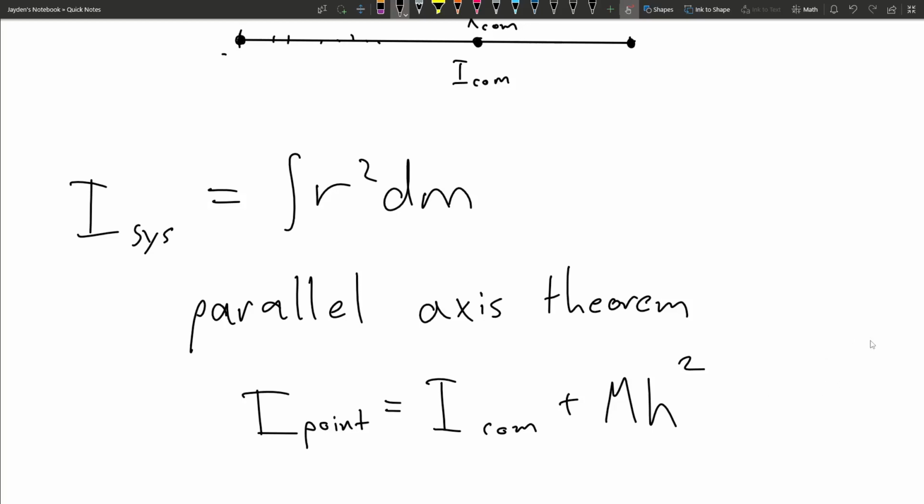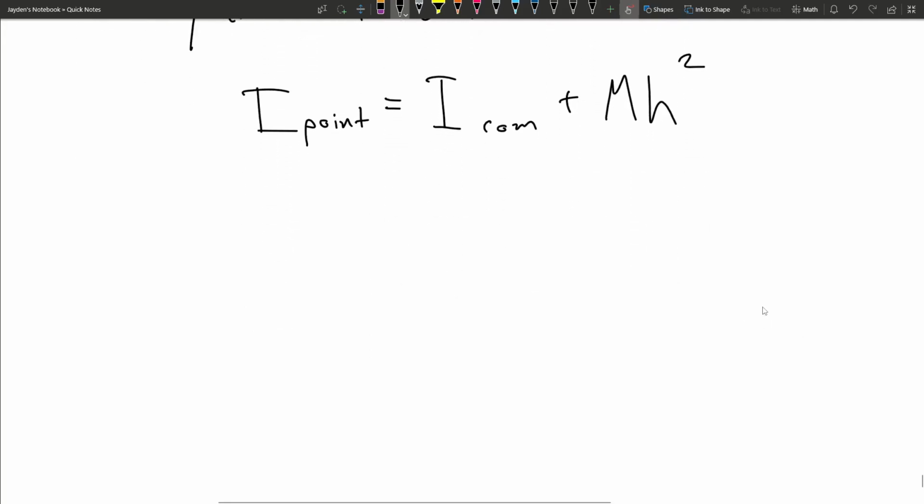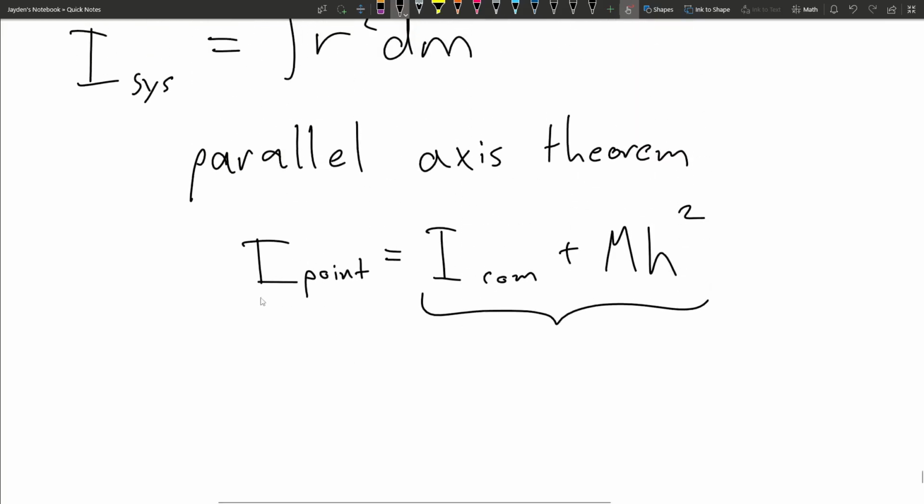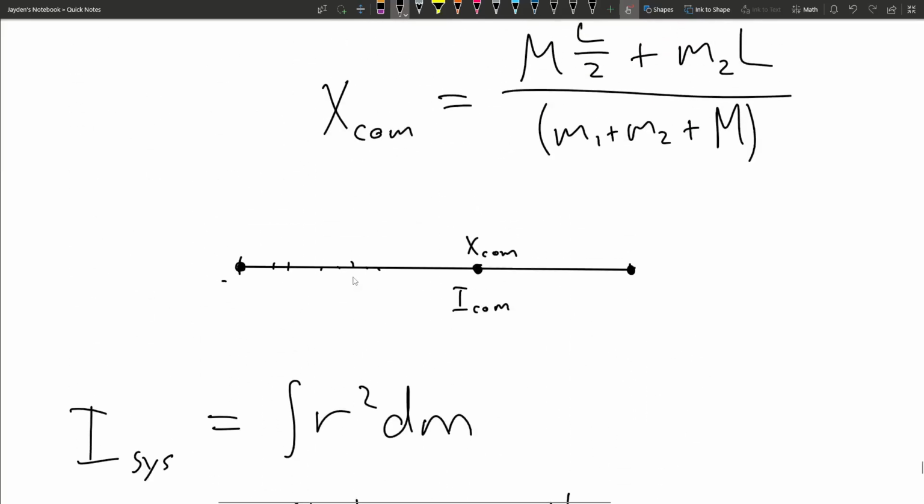Okay, so for this question, we're going to have to use this formula one time, because the I center of mass of the rod is different from the axis we're choosing, the axis that is coming straight towards you from the page.